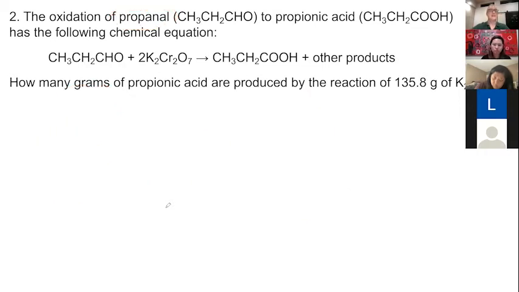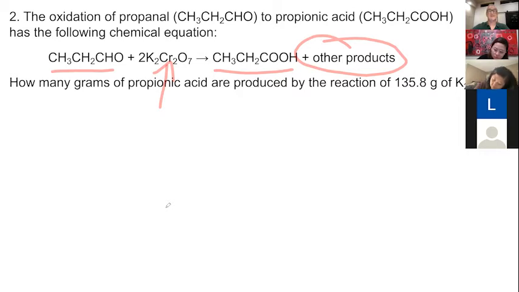But this is our reaction. We're just going to assume that it's balanced because we don't have the other products there. This is our aldehyde. This is our acid. This is a molecule called potassium dichromate.